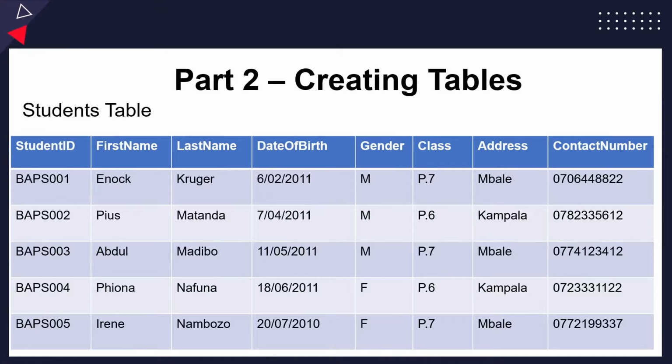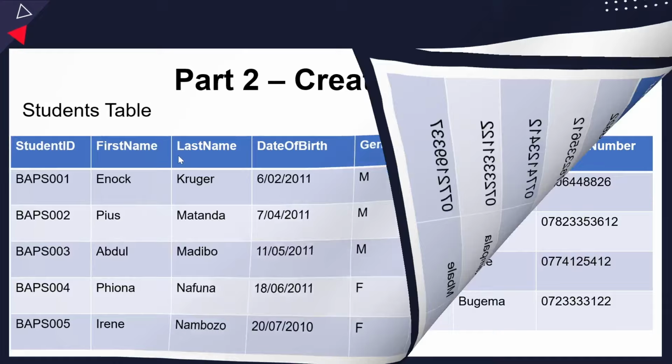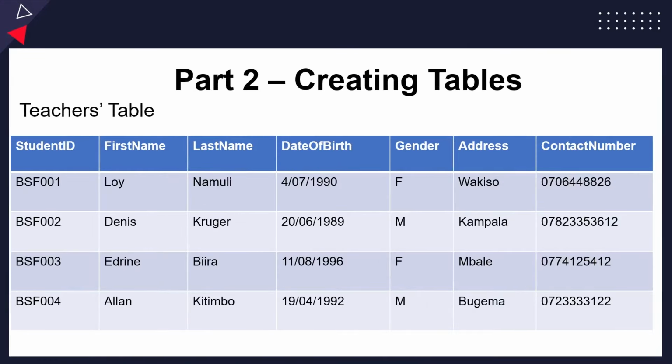We also create the students table. And in the student table, we have the field names, this student ID, first name, up to contact number. Please note that these are simply column headings. So we'll be creating different tables, but these tables will be identifying the column headings, which we are regarding as the field names.